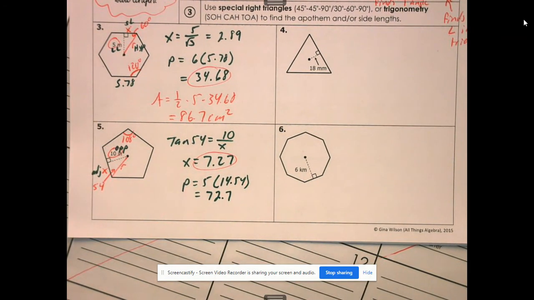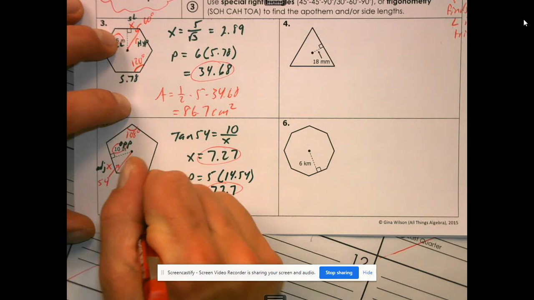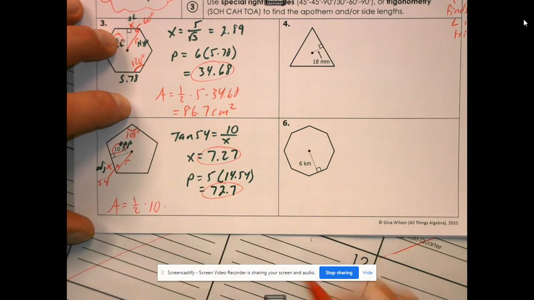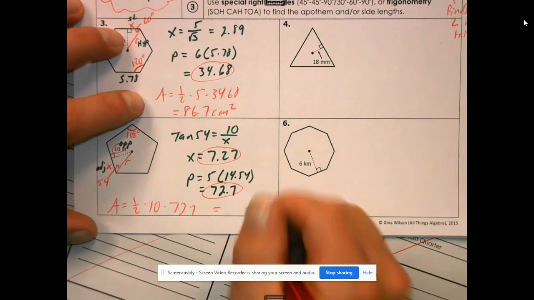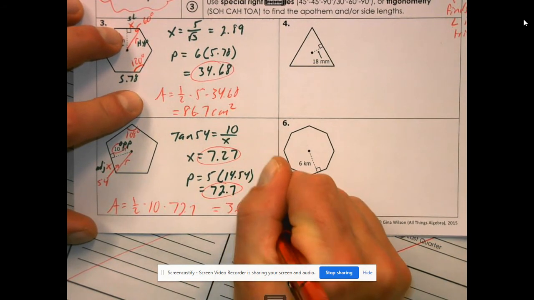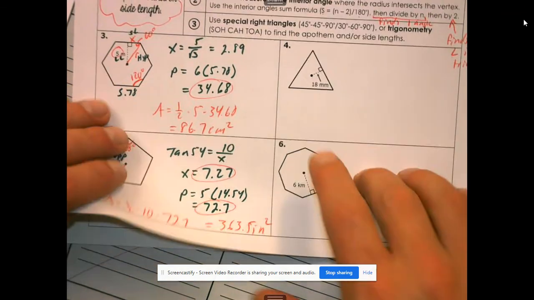There we go. Formula: 1/2 times apothem 10 times perimeter 72.7, for a grand total of 363.5 square inches. 4 more to go.